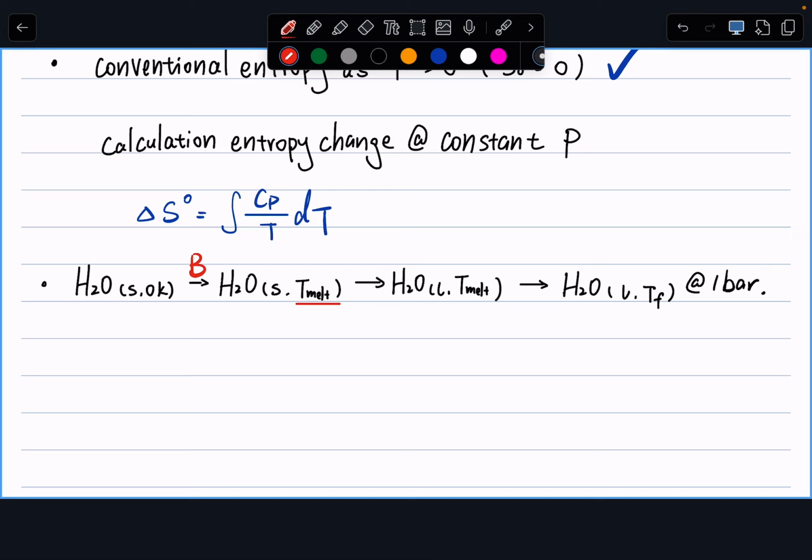And secondly, what we have here is melting. The solid water will melt into liquid water at its melting point. Presumably, it's a reversible process since it's at the melting point, and that's our B. This should be A, by the way.